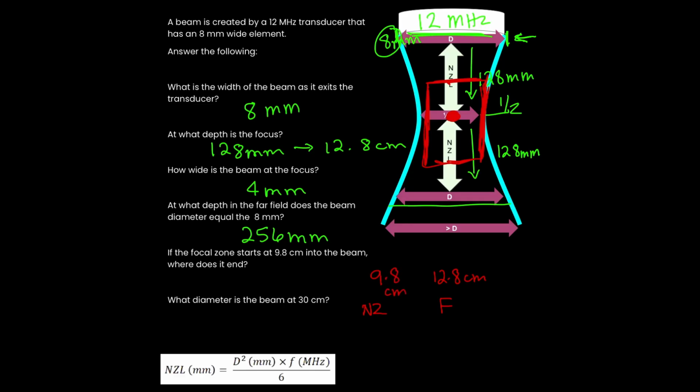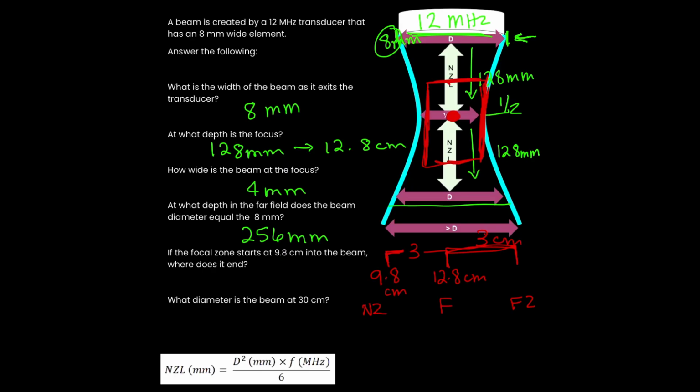So we have a difference of 3 centimeters from the beginning of the focal zone to the focus. A key concept of the focal zone is that it extends equally into the near zone as it does the far zone. So we want to know, where does the focal zone end? Well, if we've got 3 centimeters into the near zone, then we need to have 3 centimeters into the far zone.